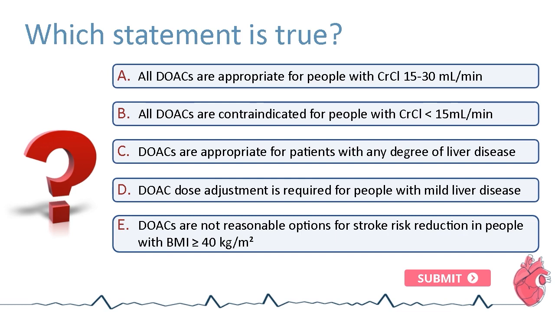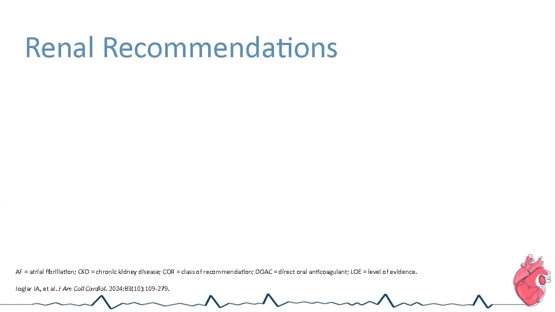D, DOAC dose adjustment is required for people with mild liver disease. Or E, DOACs are not reasonable options for stroke reduction in people with a BMI of greater than or equal to 40 kilograms per meter squared. Please vote.